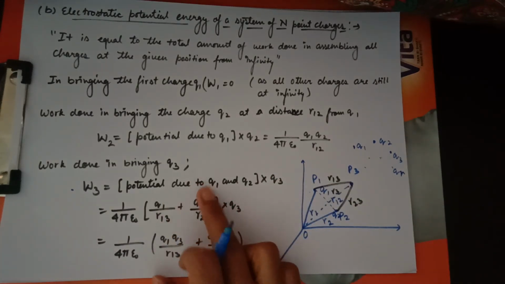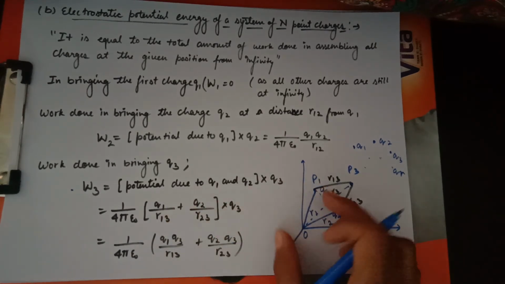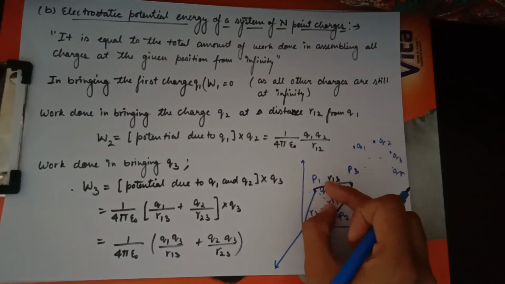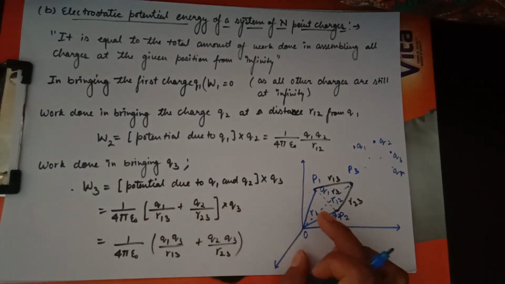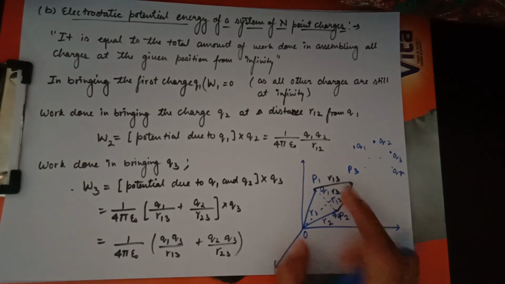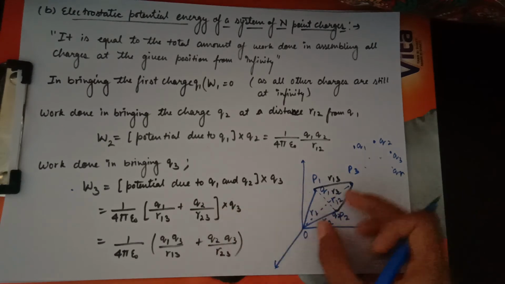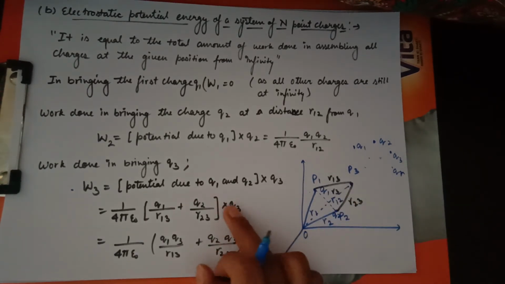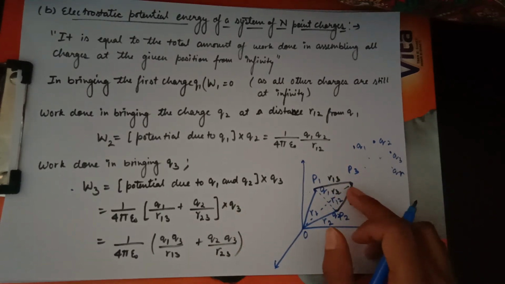The potential due to q1 is 1 upon 4 pi epsilon naught, q1 divided by the distance between the points p1 and p3, which is r13, and the potential due to q2 at this point is 1 upon 4 pi epsilon naught, q2 divided by the distance r23, times q3, as I am bringing the charge q3 from infinity to this point.